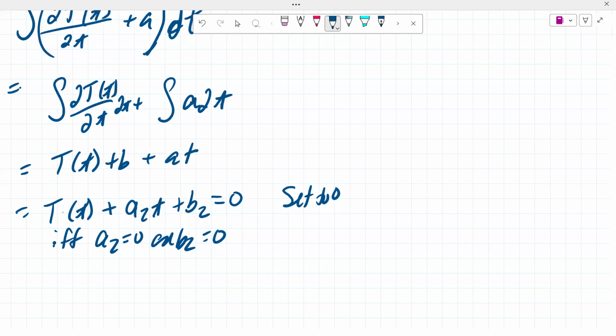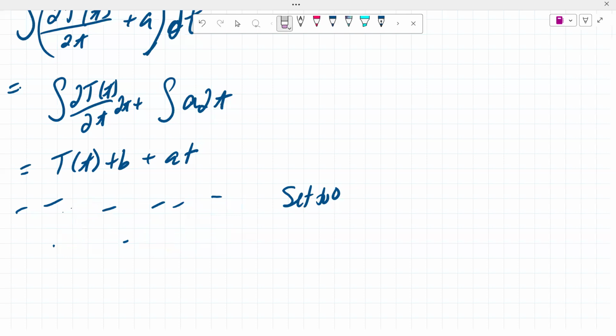So we have this idea of, yes, that would make sense. T of t plus B plus At equals 0. I also accidentally flipped too many pages at once, which is why this is a little messed up.